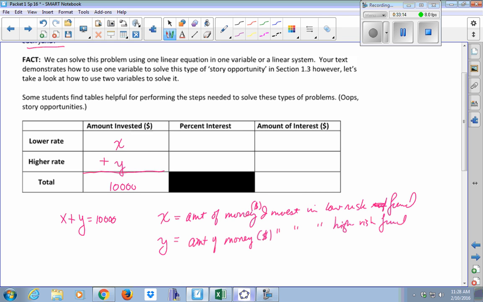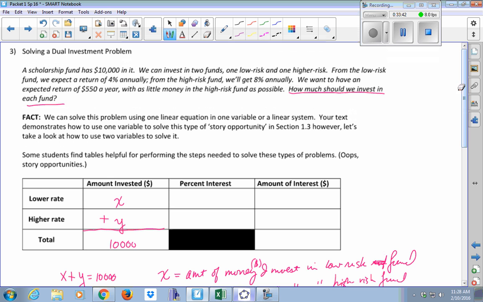The next equation deals with not the total amount of money, but the total amount of what? It's not the total percentage, no. What do we call this thing that we're finding here in the next part? All right, some of you said you're in business, right? So when we invest money in these funds, what do we get at the end of the year?